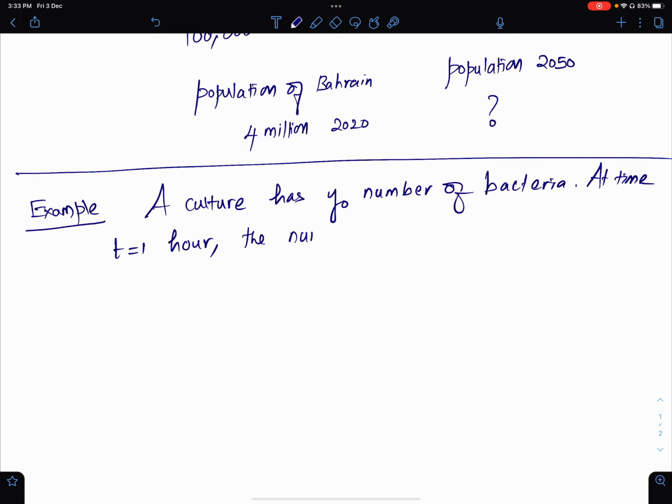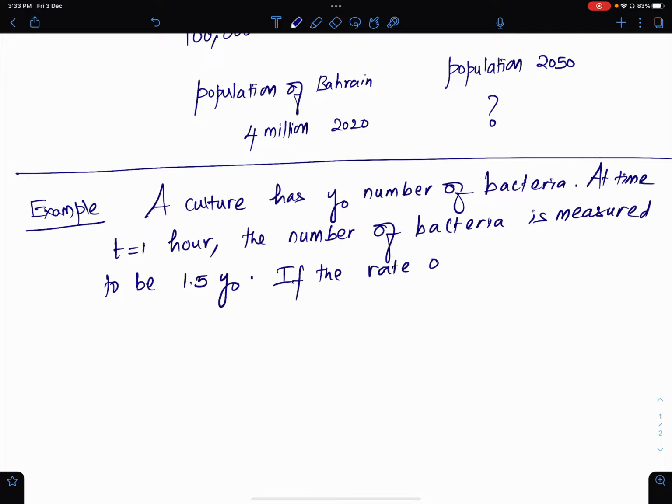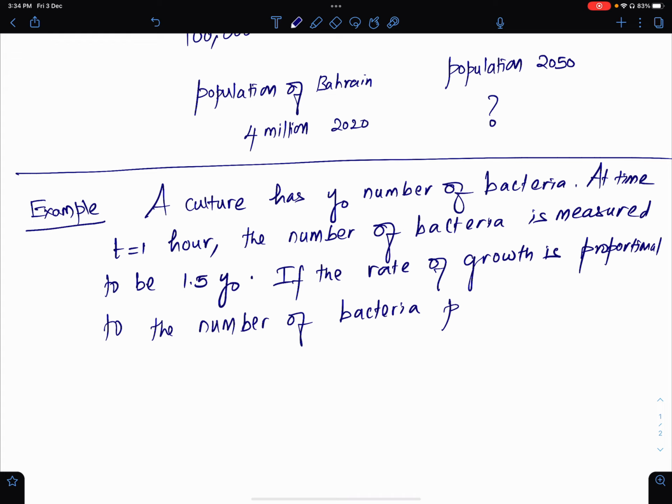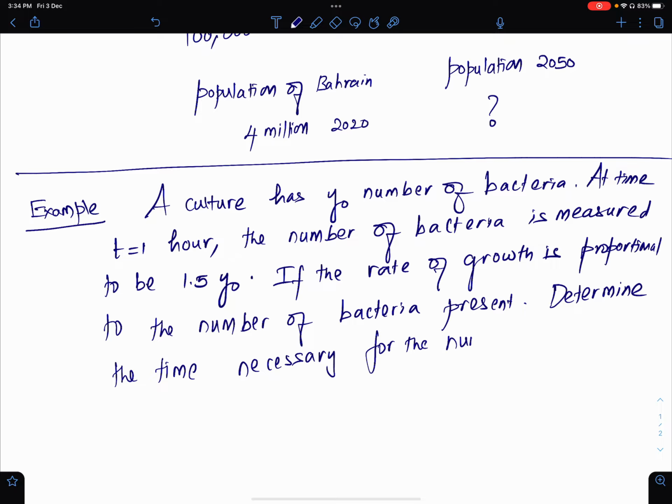If the rate of growth is proportional to the number of bacteria present, determine the time necessary for the number of bacteria to triple.